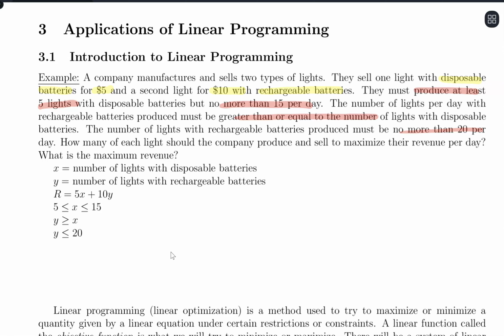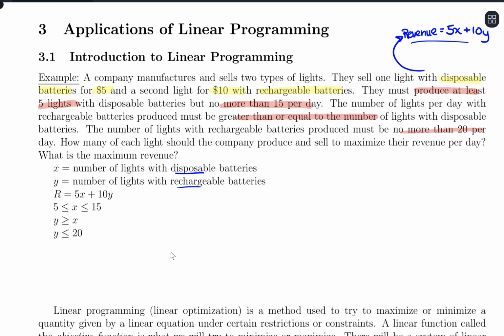So just to get some information going, at the beginning here where they're talking about cost, so they sell, not cost, this would actually be revenue. So money that they're making, and we're going to call X the disposable batteries and Y the rechargeable. So revenue is coming from $5 per disposable battery, so 5 times X, plus $10 per rechargeable battery, so 10 times Y. So we're getting an equation for revenue there.